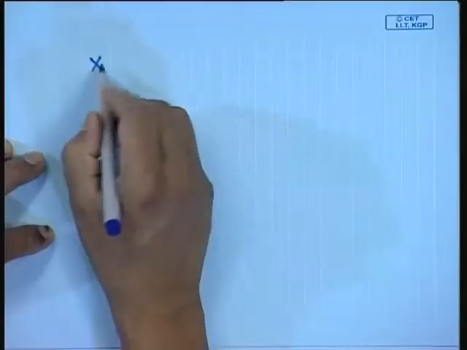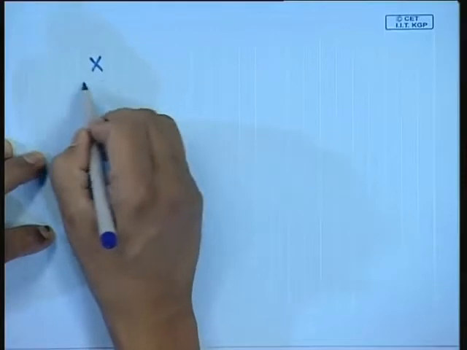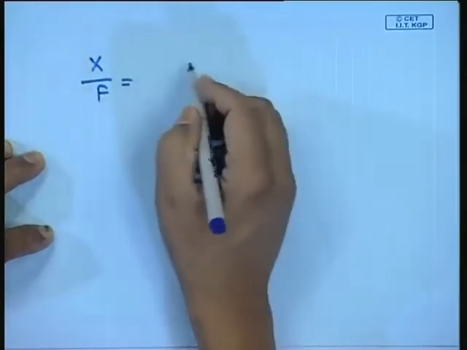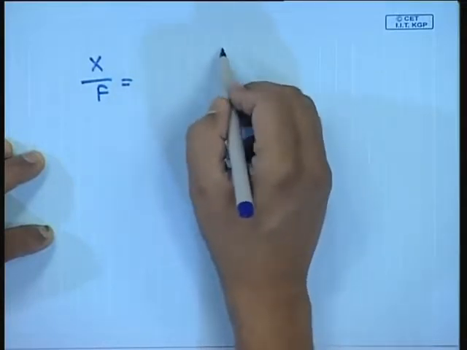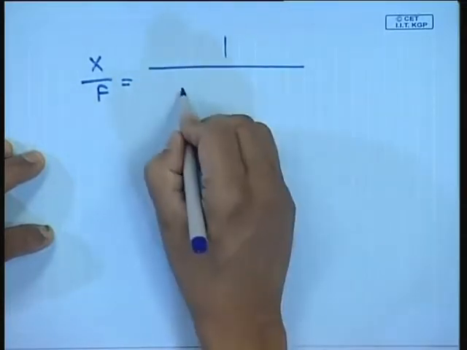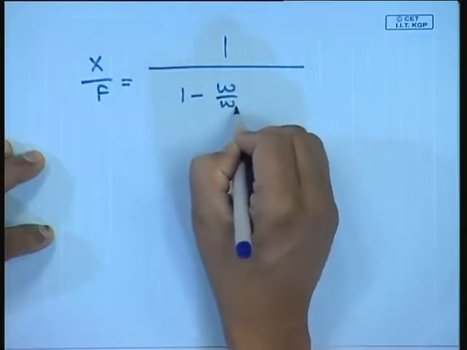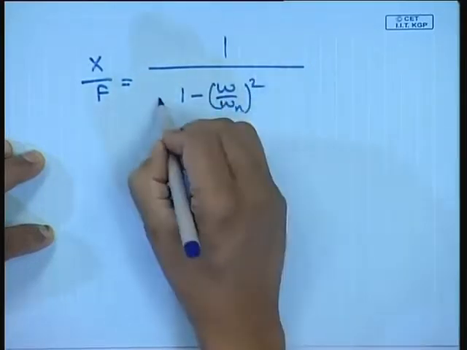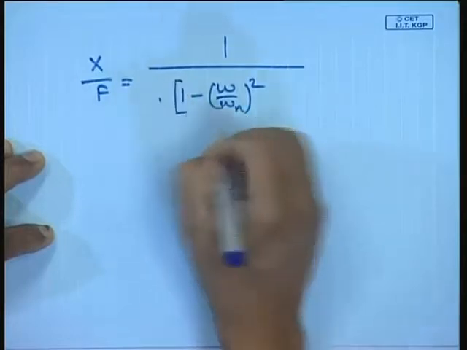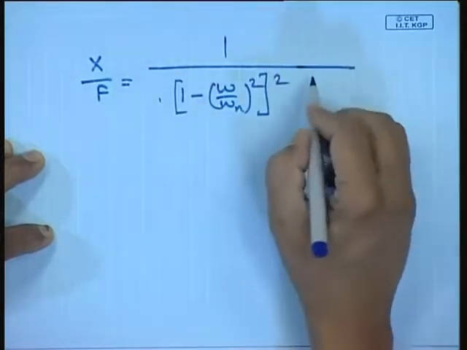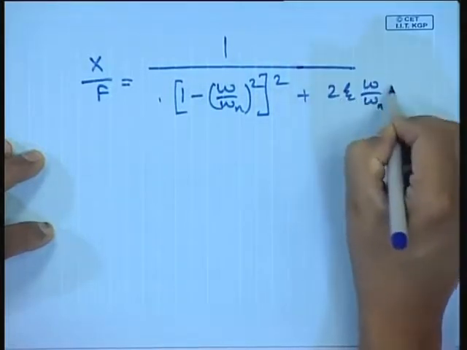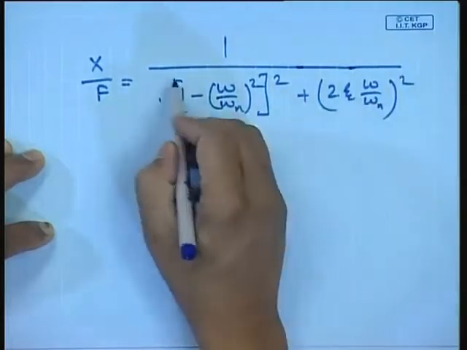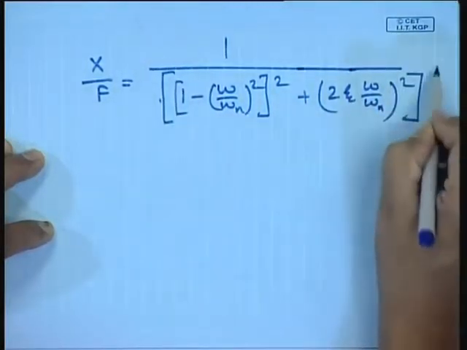So, this equation, or x by F, could also be represented as 1 by the square root of 1 minus omega by omega n square whole square plus twice zeta omega by omega n whole square.